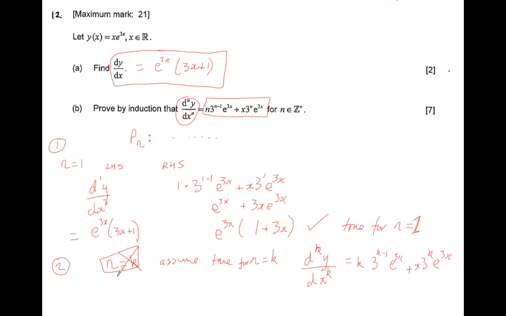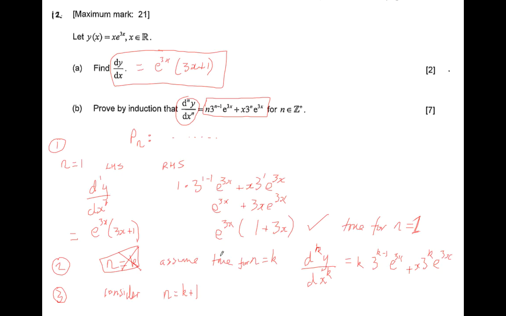Okay, so that's the second one. Assume true for n equals k and then write the statement out for that. And then the third part, and we'll carry on the next page, is consider the next case, and that's n equals k plus 1. Yeah. So that's the structure of it.